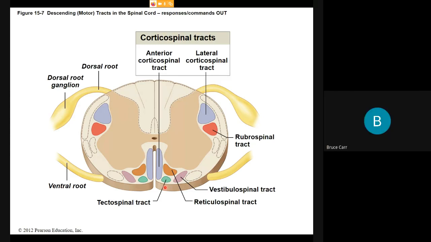Now, you know they're going to be coming from above, so they're going to be arriving from where you are down to this tract, and it's going to communicate information out to this gray matter, and if it is appropriate that an effector is at the end of this motor, this ventral root, then it will send messages out the ventral root to the effector.